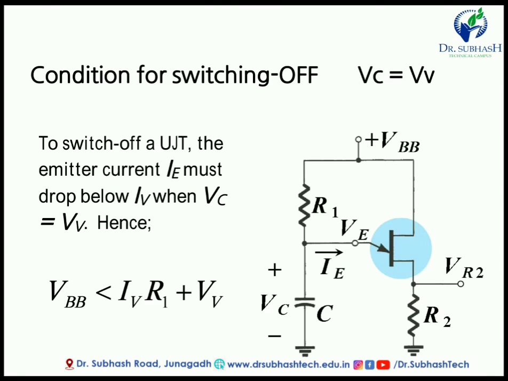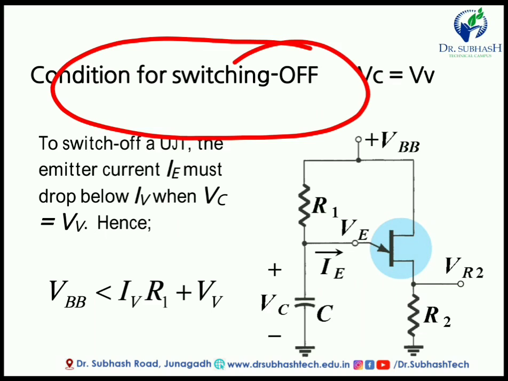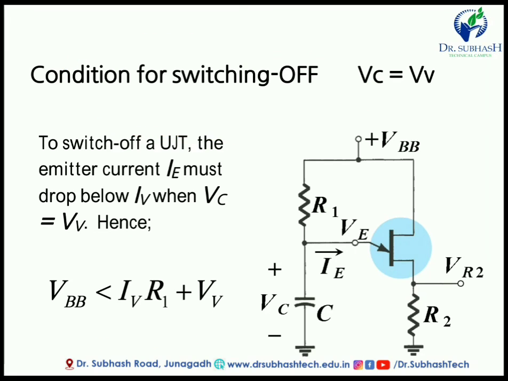So this is the condition of the off state. In the off state, VBB is very much less than IV R1 plus VV, which means to switch off the UJT, the emitter current IE must drop below the valley point.